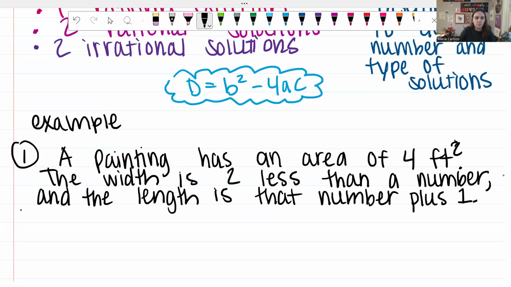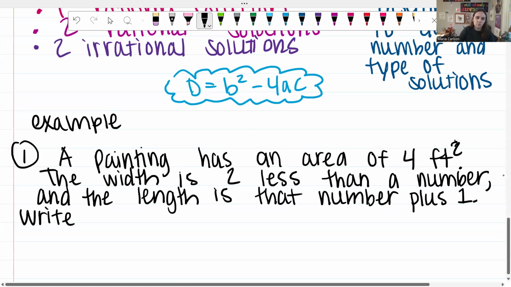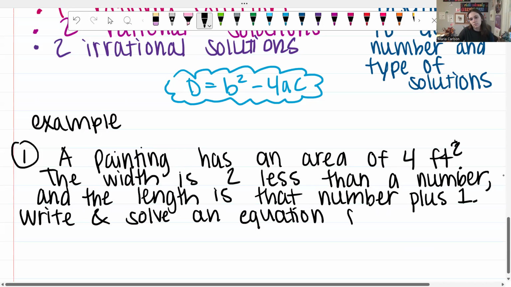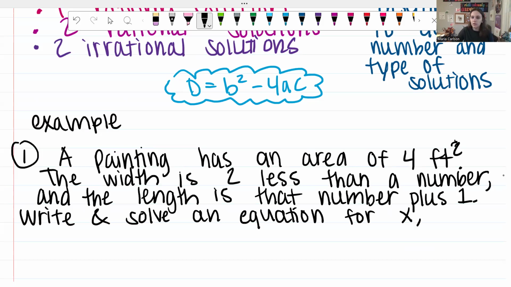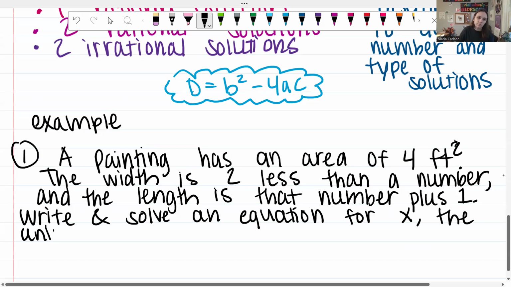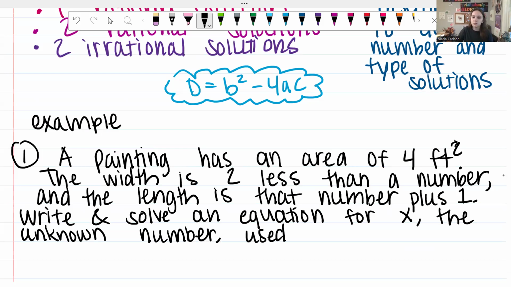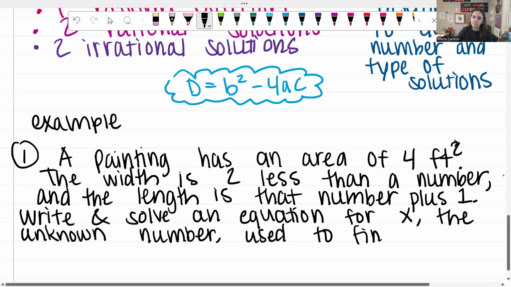Write and solve an equation for x, the unknown number, used to find the length and width.